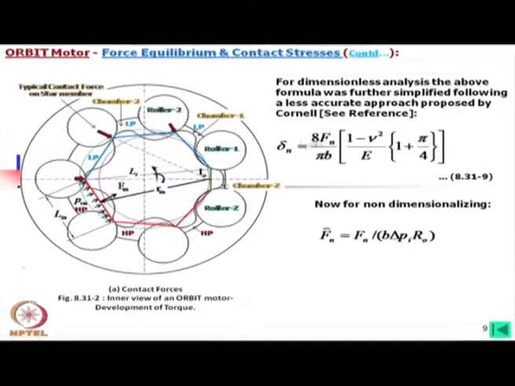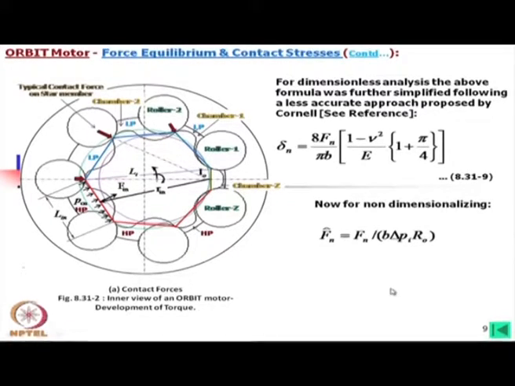Whereas, when non-dimensionalizing the force, we consider the normal force divided by B, that means per width, and then divided by del P I, which is a unit pressure, and then R0, the radius of the biggest circle. Look into this unit: this is area and this is pressure, so this must also be force. So, this becomes non-dimensionalized.